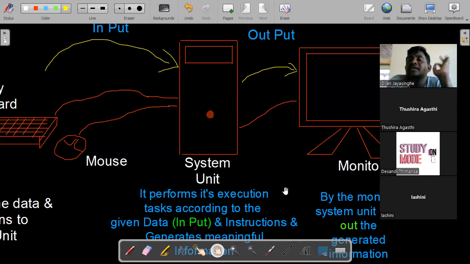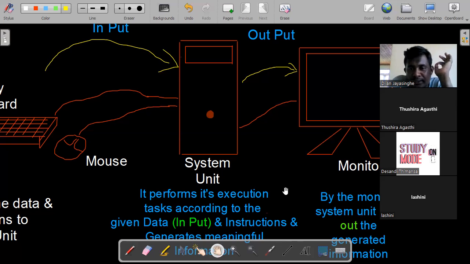In each and every task that we are doing by the computer, the same process happens, right?